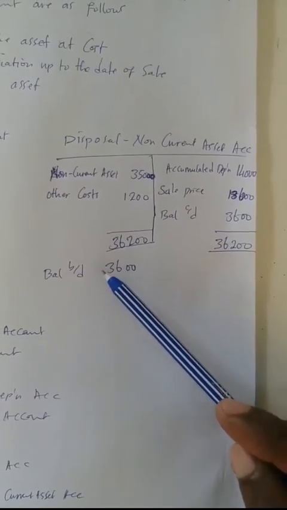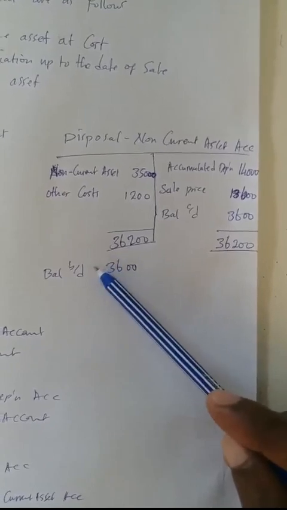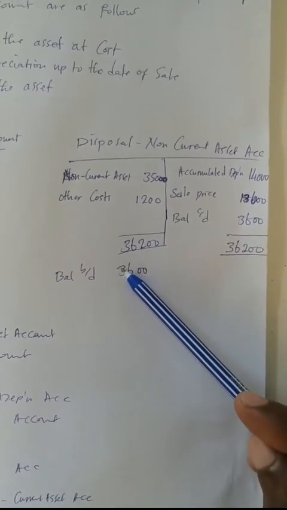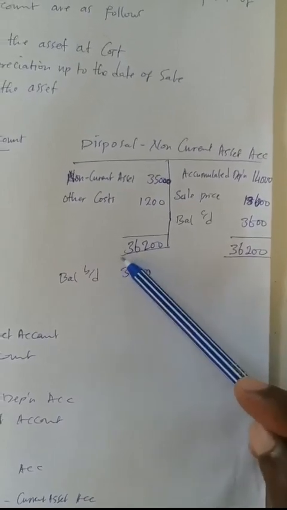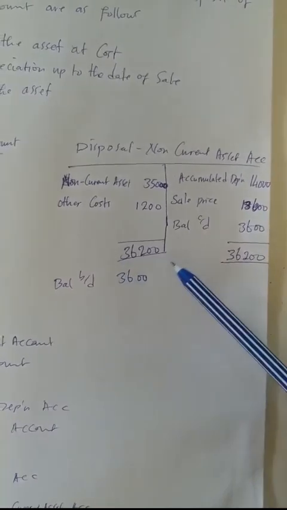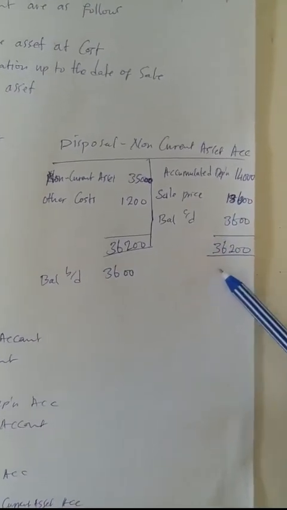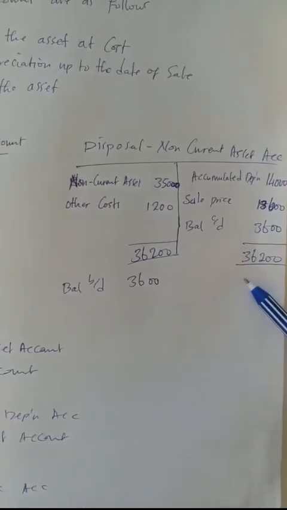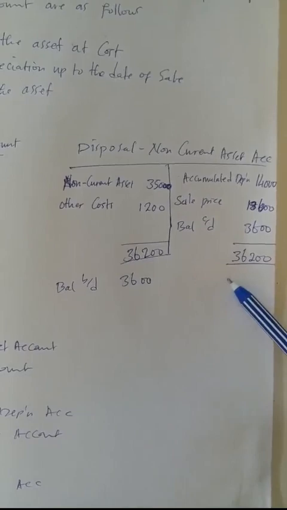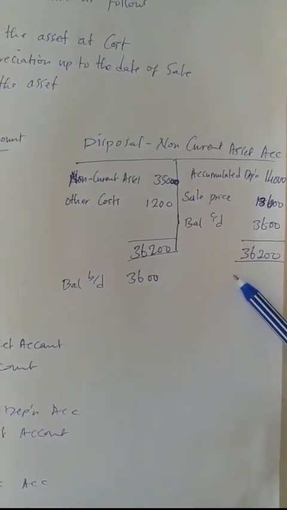That's why it's still appearing on the debit side, telling us we have a value on the debit side. Initially, we shouldn't have a value here because we've sold it completely. It's out of our hands. We were supposed to have a credit entry, the balance brought down on the credit side, if we made a profit on disposal.